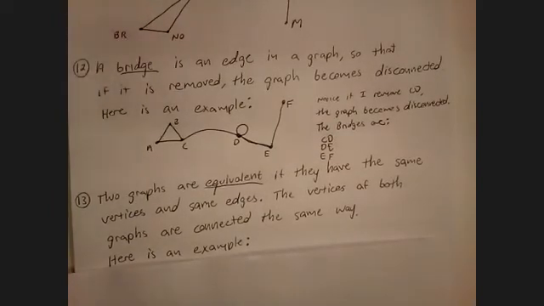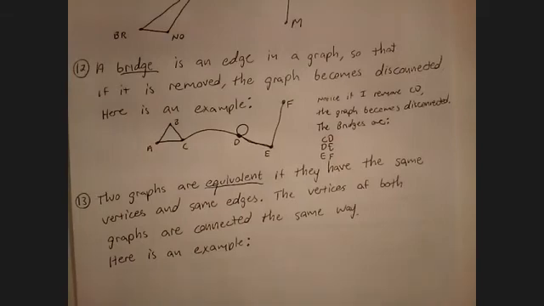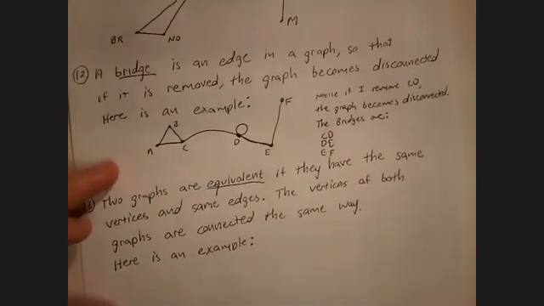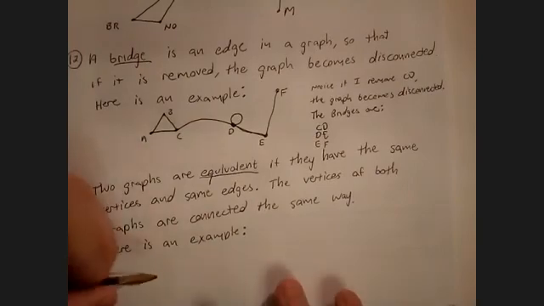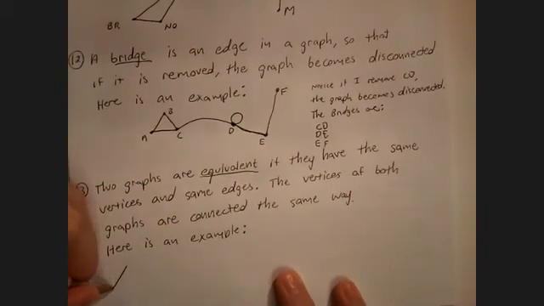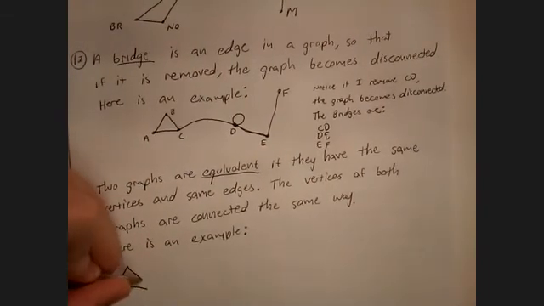And then my last definition and our last example is equivalent graphs. Two graphs are equivalent if they have the same vertices and the same edges. I'm going to give you another example.